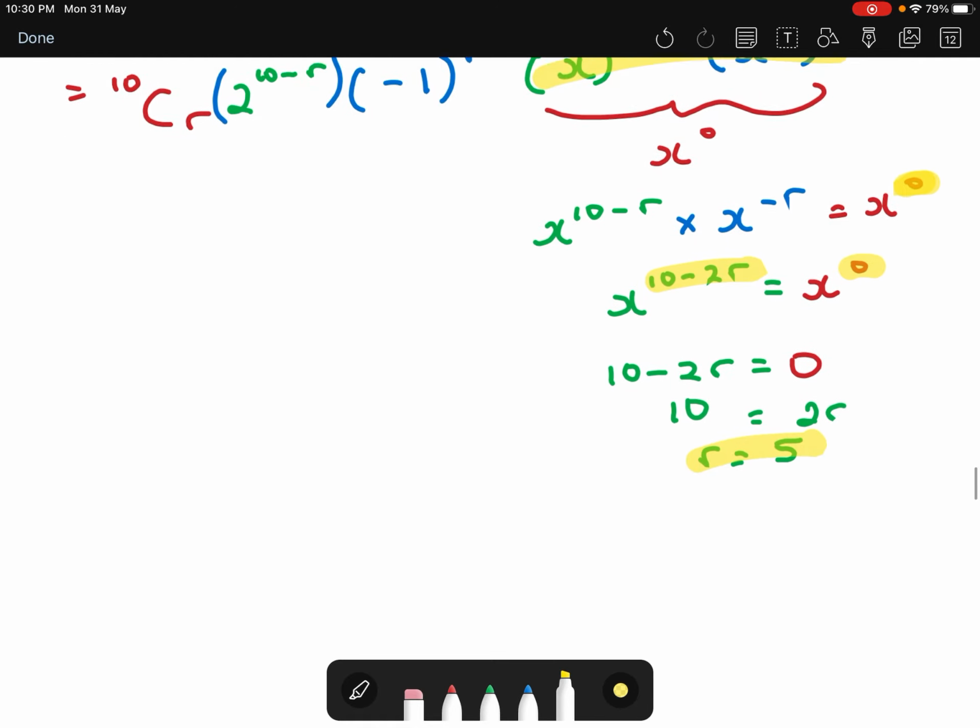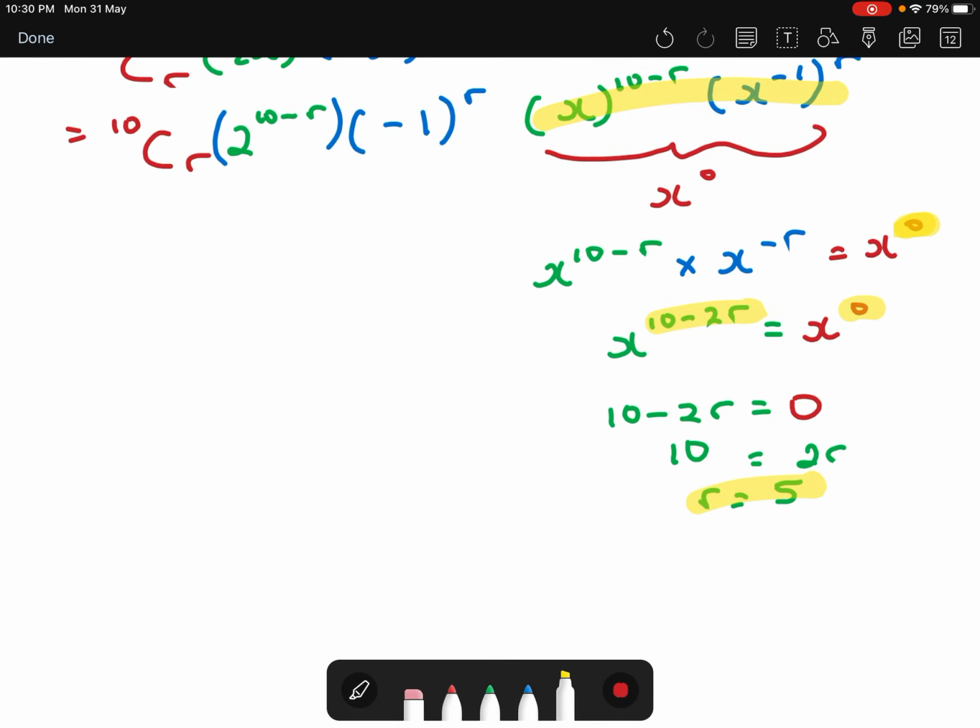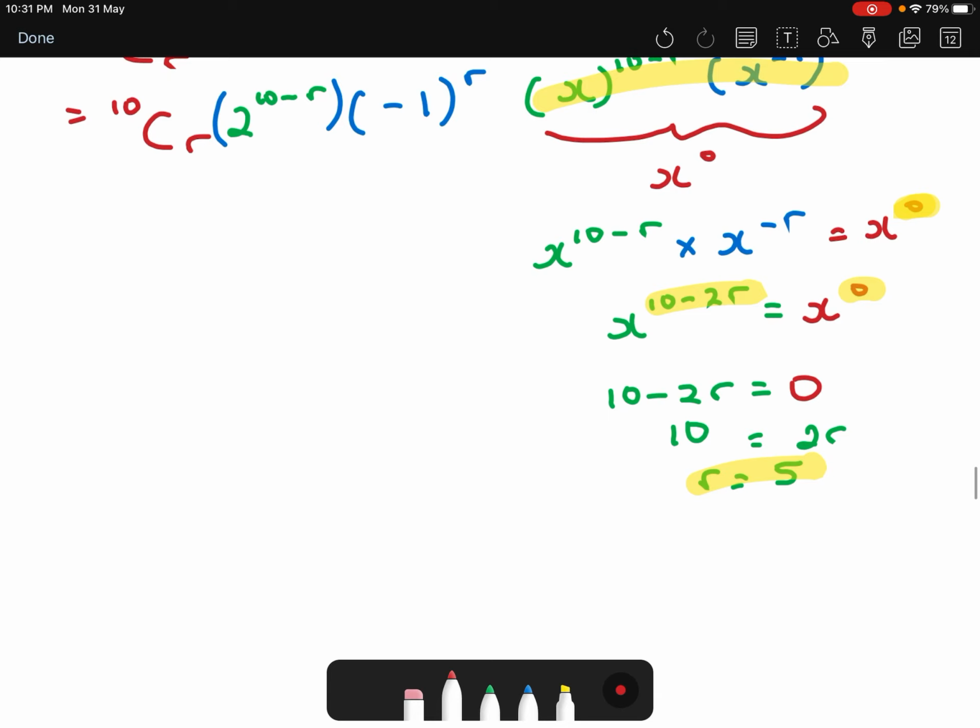Alright, so let's find the term. Second thing, we put it inside: 10 choose 5, then 2 to the power of 10 minus 5, which is 2 to the power of 5, then minus 1 to the power of 5, which is minus 1.